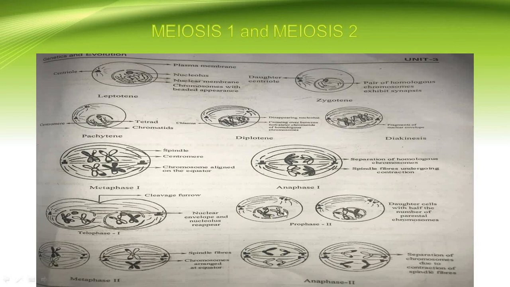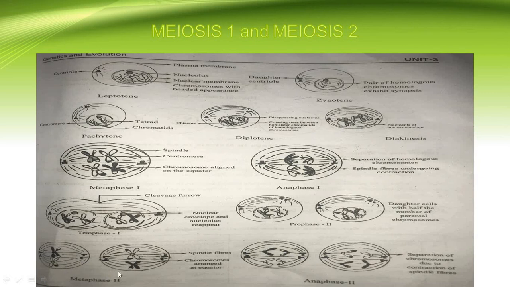This is the cell nucleus. Inside the nucleus we have chromosomes with chromatids. The nucleolus and nuclear membrane will start to disappear.